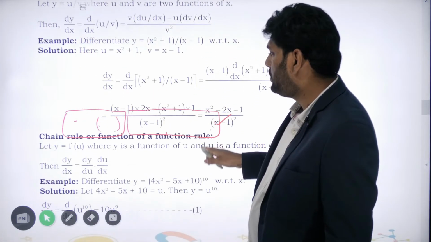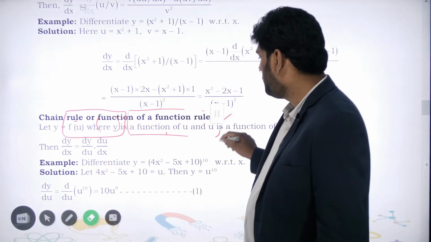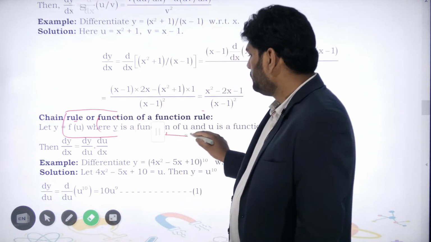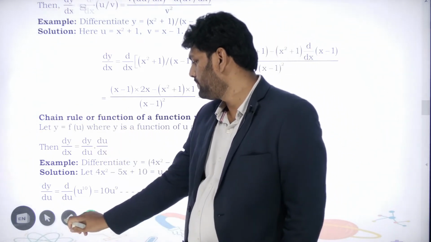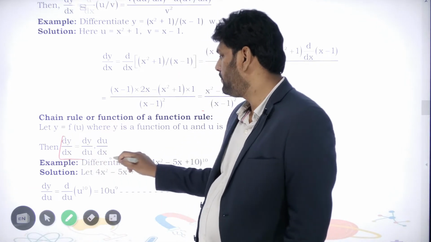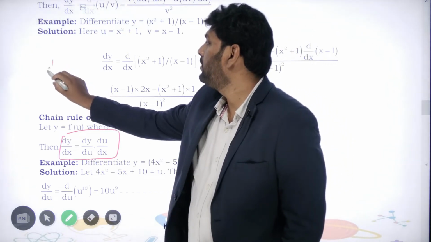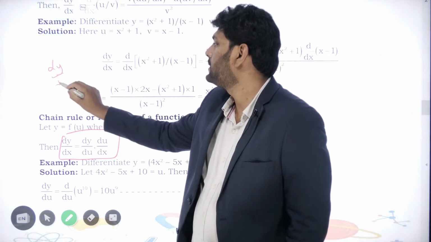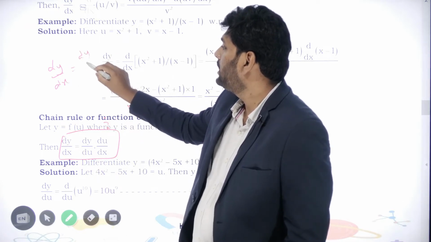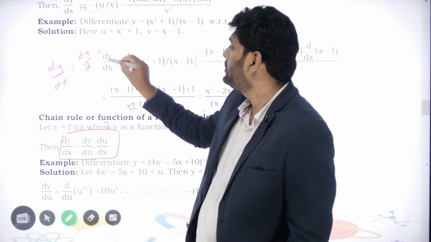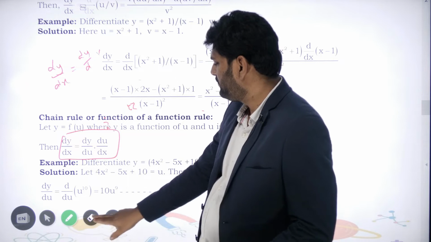Now one more: the chain rule. This chain rule is also very important. You already know dy by dx; this dy by dx you can write even as dy by du into du by dx.